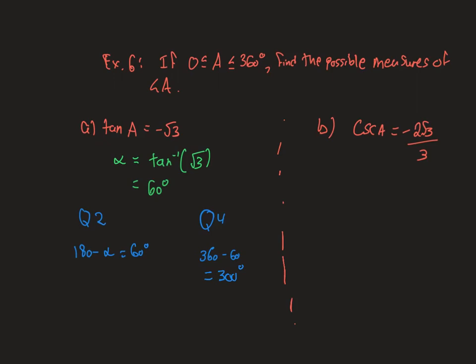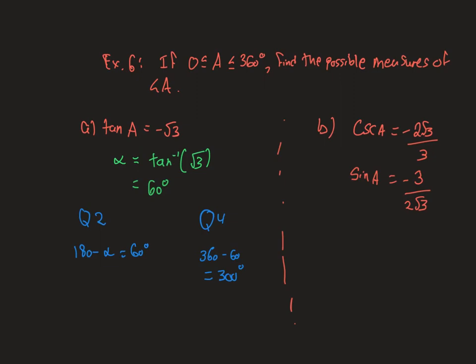So basically sine of A, and you guys can see that in the first lesson that we looked at, should be 3 over 2 root 3. Now, I know we don't like radicals on the bottom, but you don't have to worry about it right now because we're not looking at final answers.